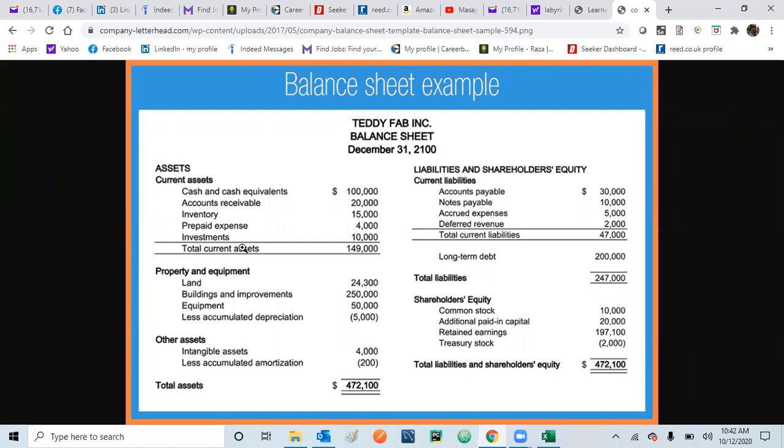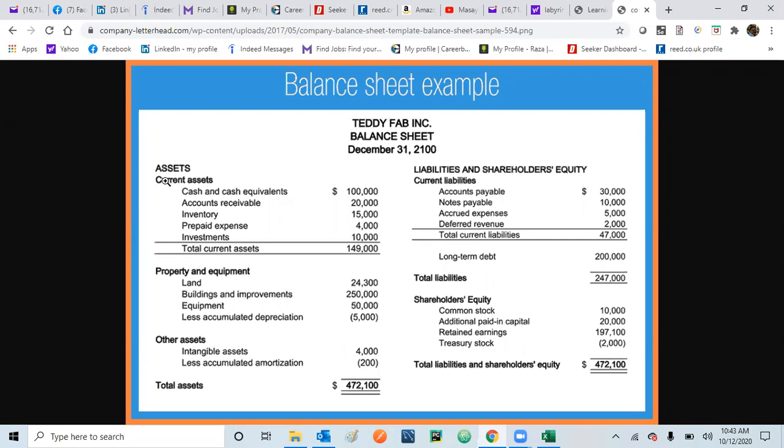Rather, you buy them with the intention of selling them or making a profit on them. Then those assets are current assets, but you need to make sure that those assets can be converted into cash in a year's time, or you can convert them into cash faster. Then those are the ones which are current assets.